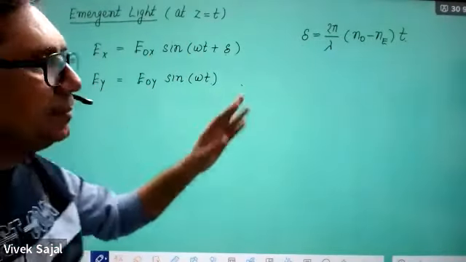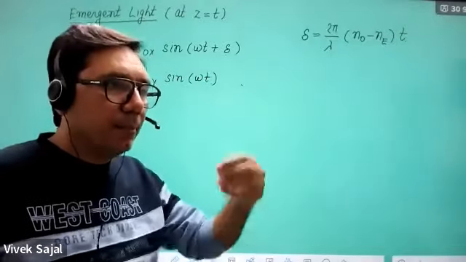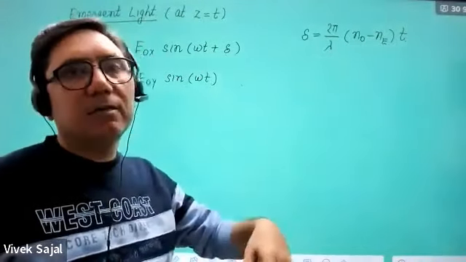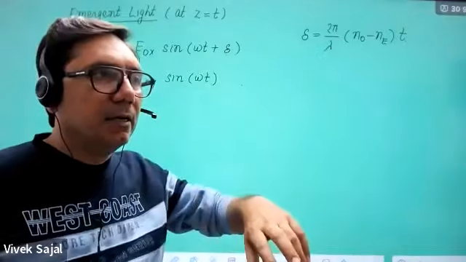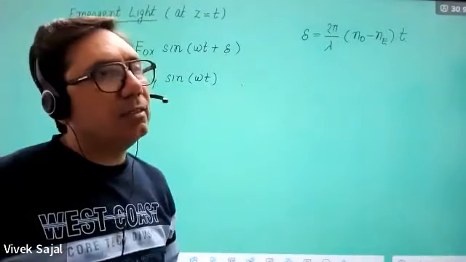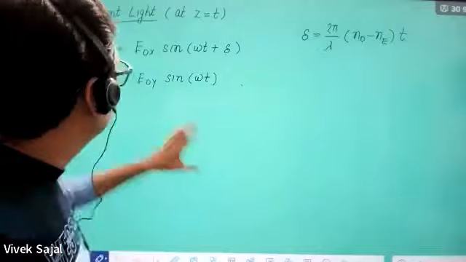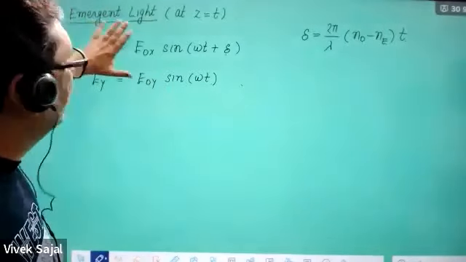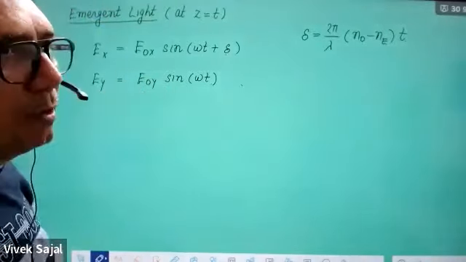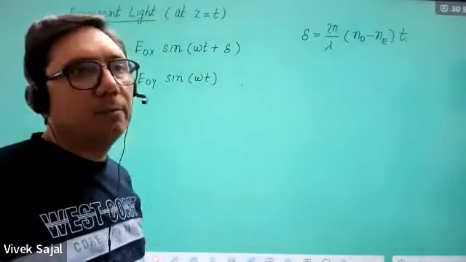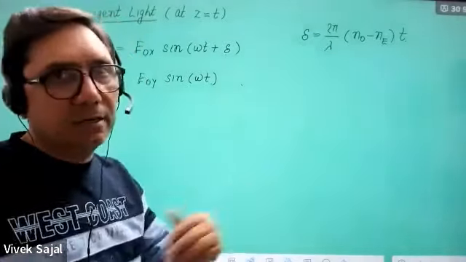What will the emergent light be? Now the question is, what is the nature of emergent light? It may be plane polarized light, circularly polarized light, or elliptically polarized light.